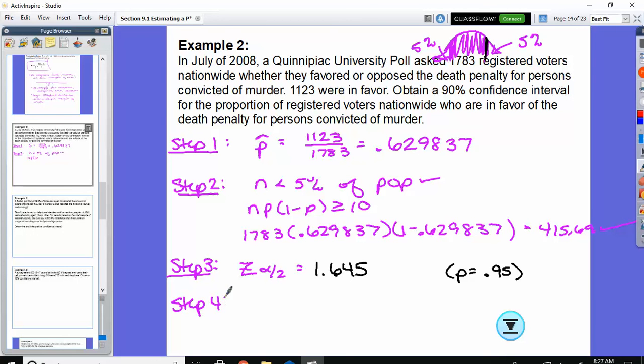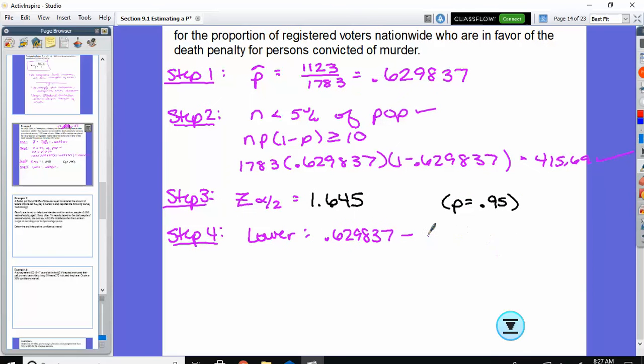Now we can make our confidence interval. So our lower is your point estimate minus your Z alpha times your standard deviation.